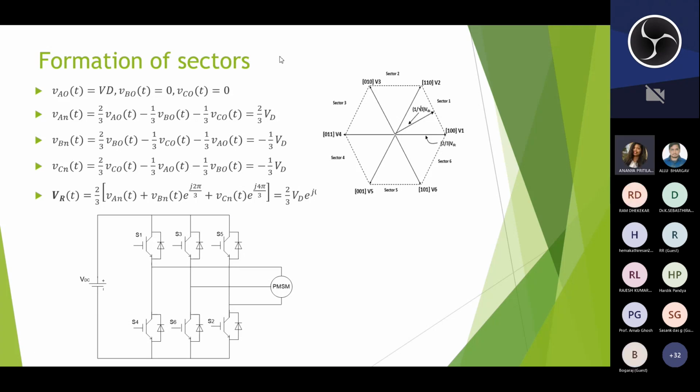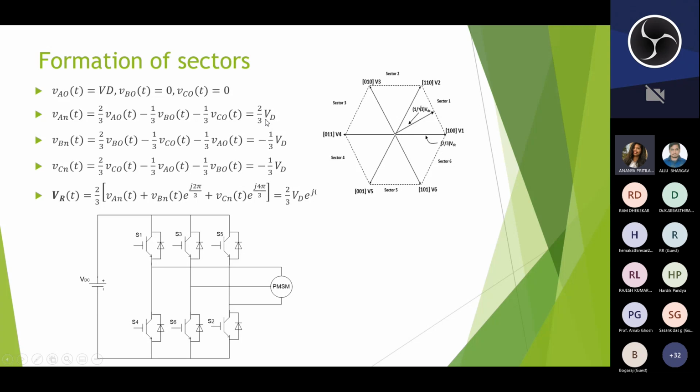So VAO will be equal to VD as this is 1, VBO equal to 0 as this is 0. I have considered the 1 0 0 state, and VCO will also be equal to 0. So VAN, VBN, VCN, by applying these formulas, I have calculated the magnitude as 2/3 of VD.